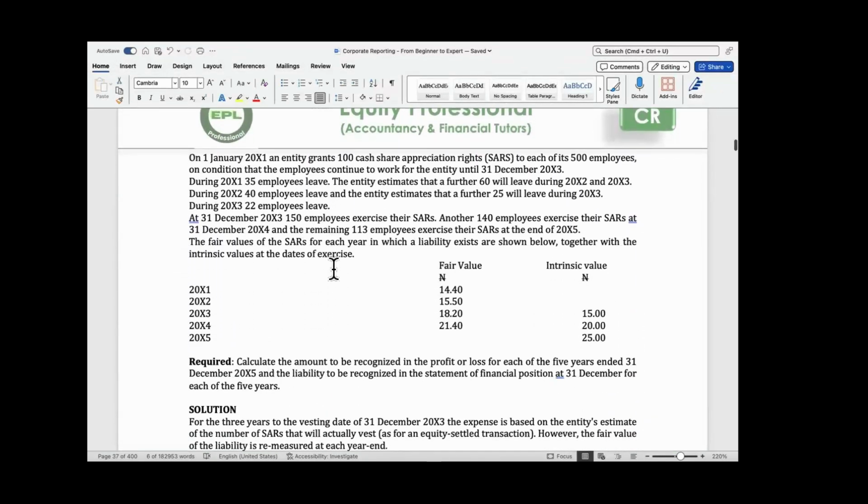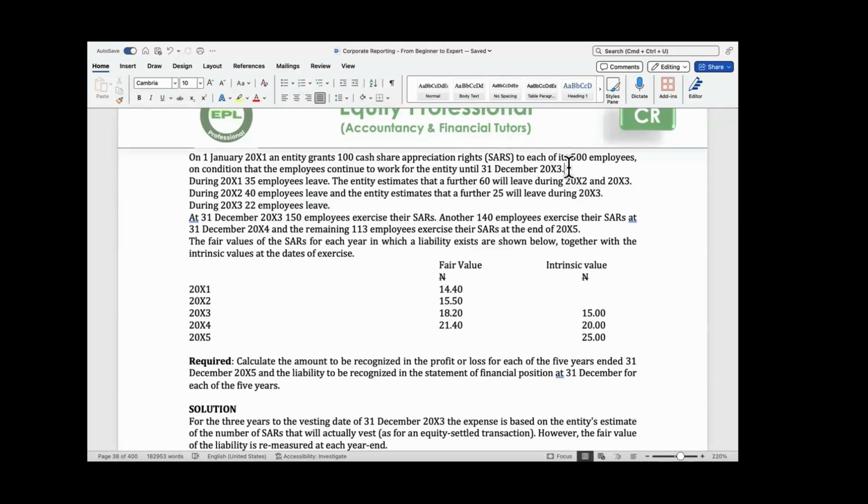It says on 4th January 2001, an entity grants 100 cash share appreciation rights to each of its 500 employees on condition that the employees continue to work for the entity until 30th December 2003.